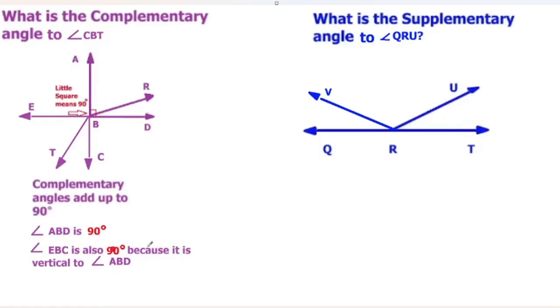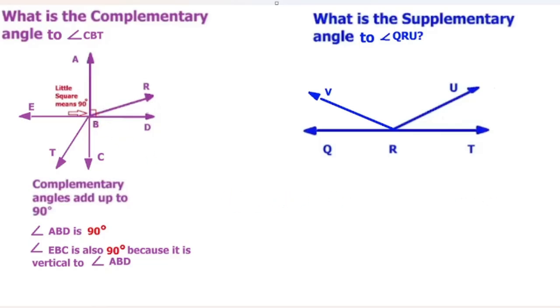So we could see that angle EBC is also 90 degrees because it is vertical opposite to angle ABD, right? It's opposite to that angle. As well, we know it's 90 degrees because these are crossed at exactly 90. So all of these angles here are 90 degrees.